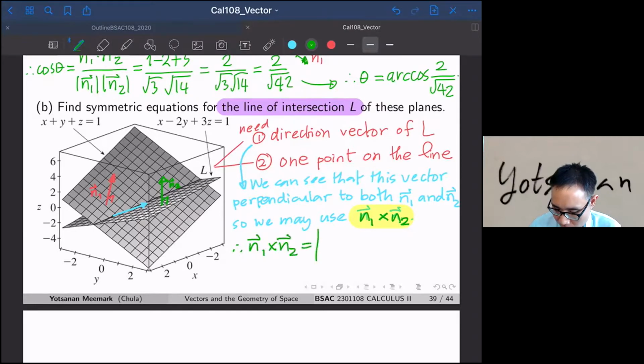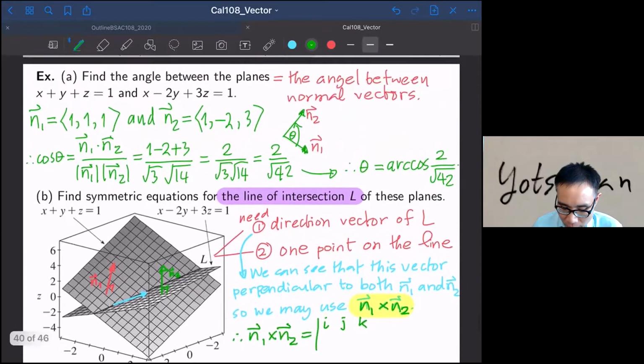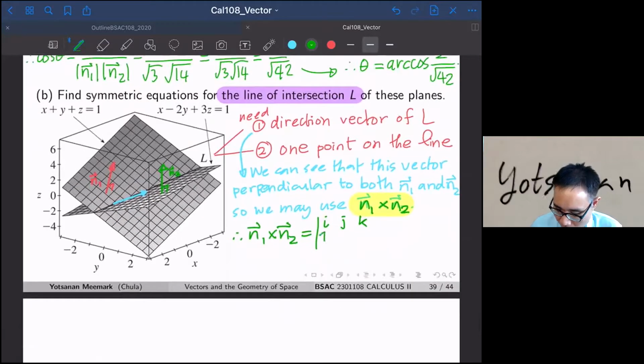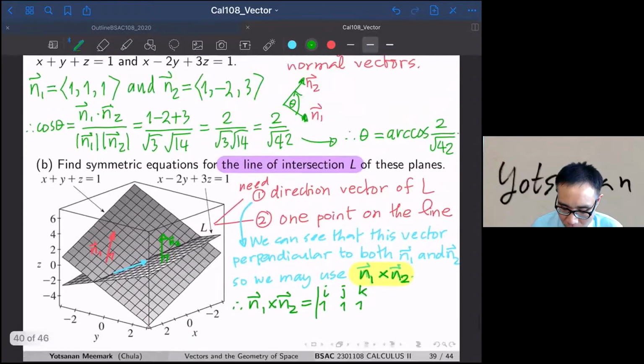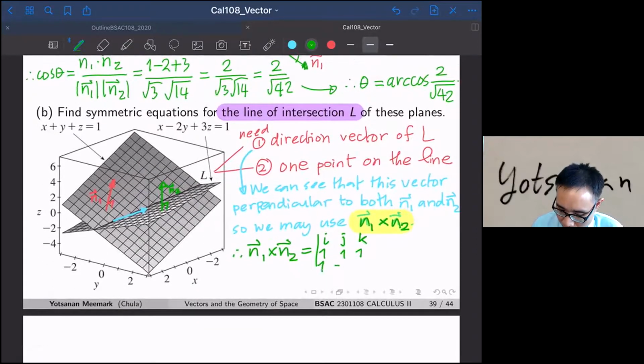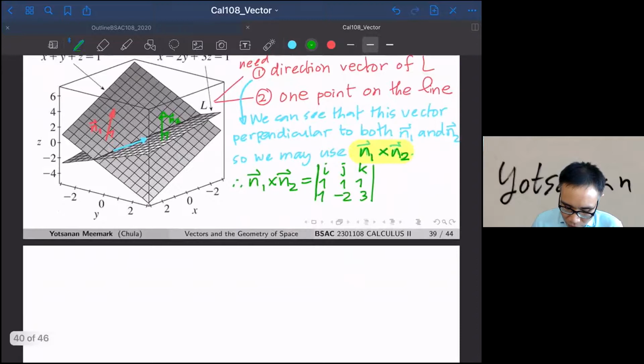So you set this up: i, j, k, and your n1 turned out to be 1, 1, 1, and n2 turned out to be 1, negative 2, and 3. So you're going to compute n1 cross n2.